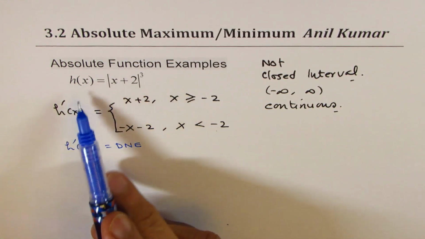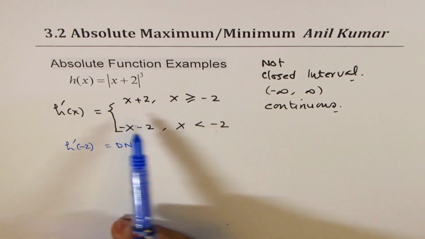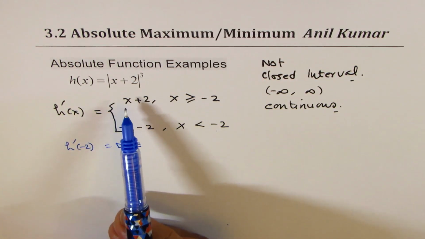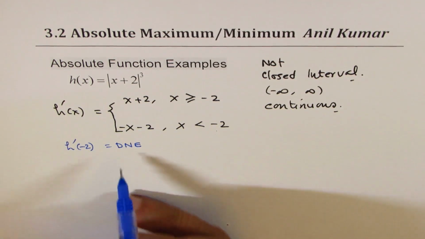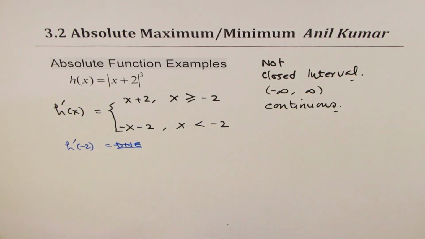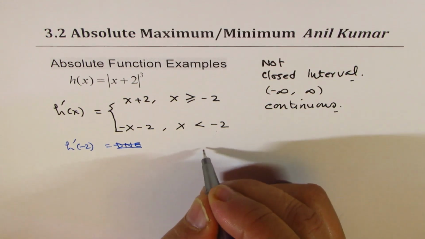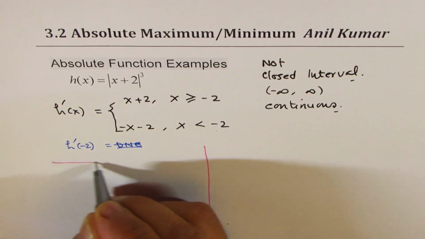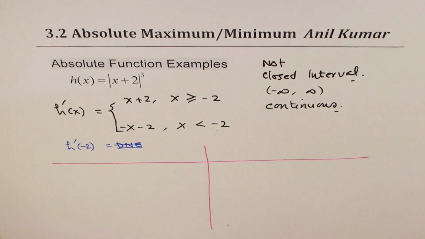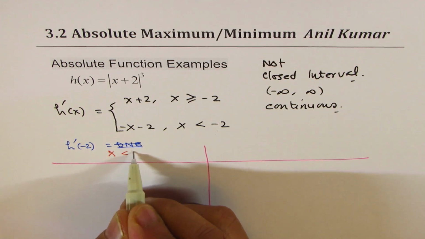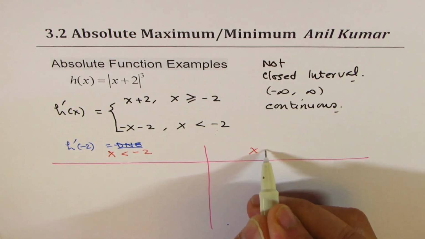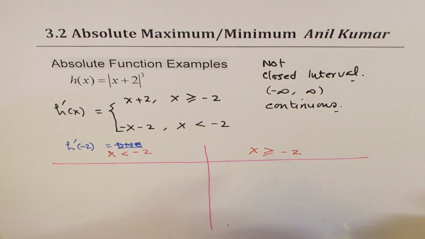Now, let us find the derivative at both the points, and then we'll look into whether it really exists or not. Okay, I'm rushing into this. I should not. So what I will do here is I'll divide into two intervals. First, let me consider the case when x is less than minus 2, and then we'll consider the case when x is greater than or equal to minus 2, correct?